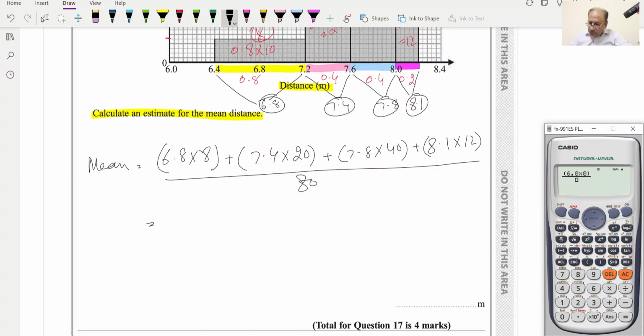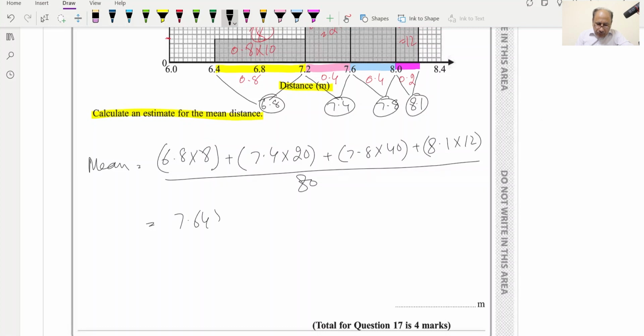So this one plus this will be 7.4 multiplied by 20 bracket close, and plus next will be 7.8 multiplied by 40 bracket close, and plus 8.1 multiplied by 12 bracket close, and this will be divided by 80, and this is equal to 7.645.